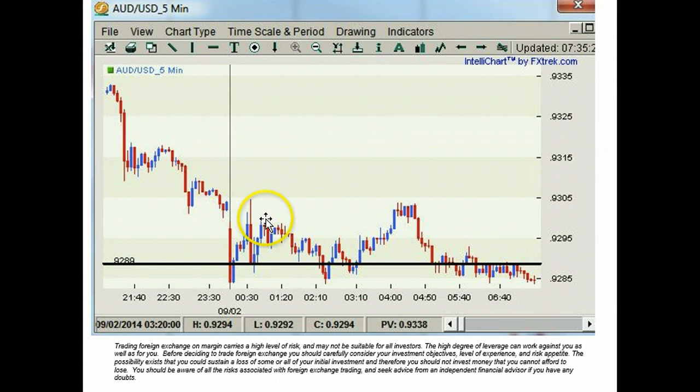The vertical line just marks when we have the changeover to the next day, which is midnight. So what you can see is that the Reserve Bank of Australia has a monetary policy announcement. The knee-jerk reaction is a decline. Now, it's not a very significant decline. I would say it's about 15 pips or so, looks like. But nonetheless, that's the knee-jerk reaction. We have a decline in the Australian dollar.